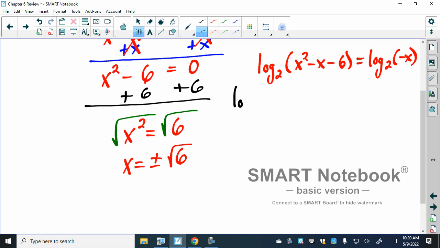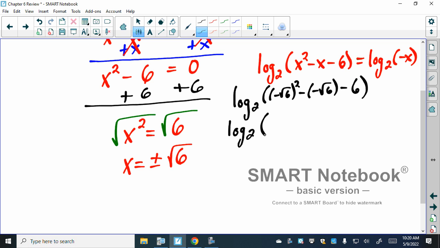Now, if I plug negative square root of 6 in, so we have negative square root of 6 squared minus negative square root of 6 minus 6 on the left-hand side. Yes. Now, for this here, negative square root of 6 squared is actually 6. And I'll plug that in.